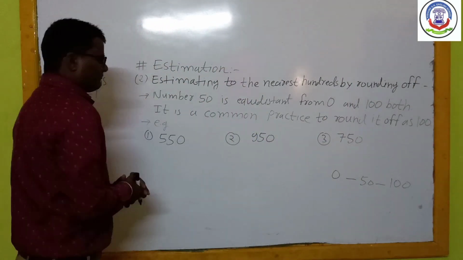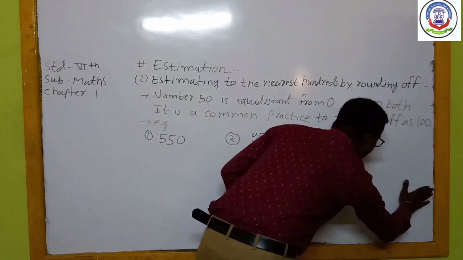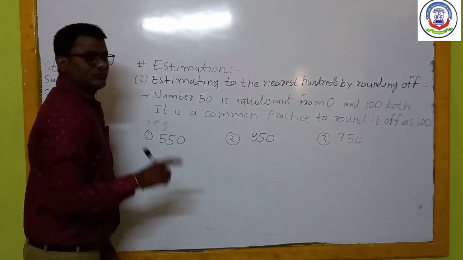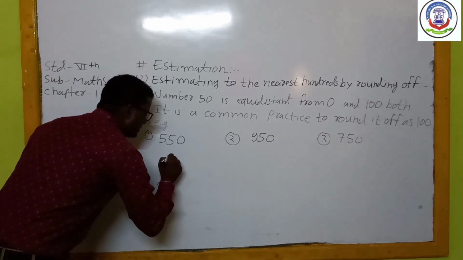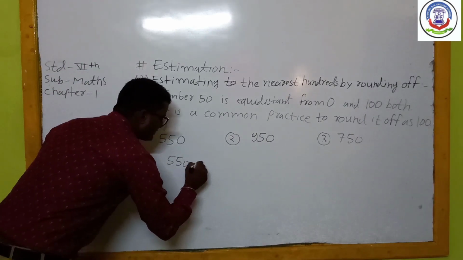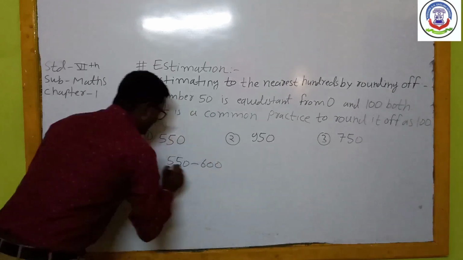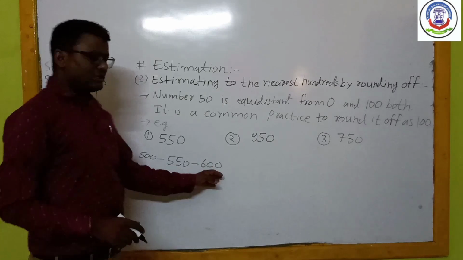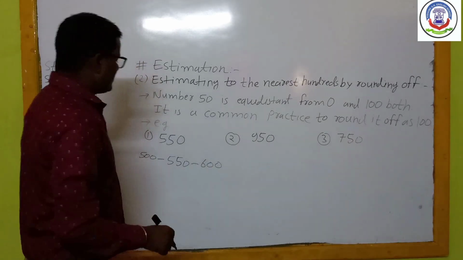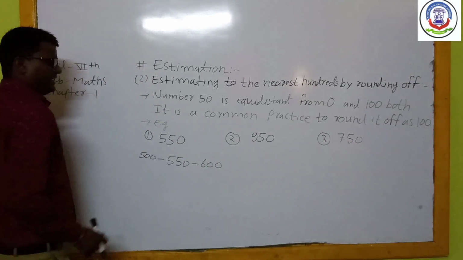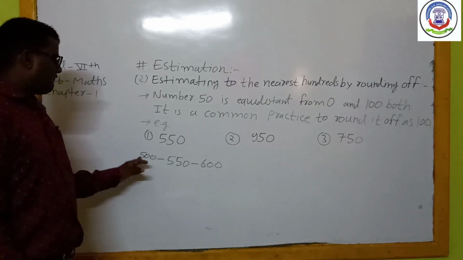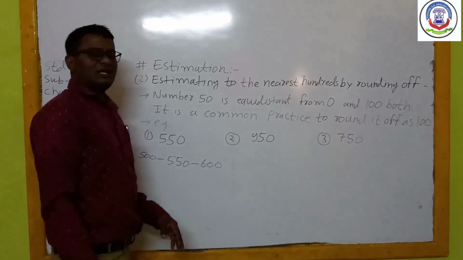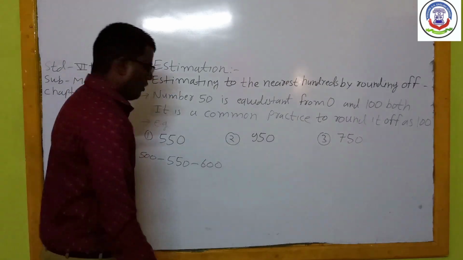For example, first 550. You know 550 lies between 500 and 600. Now 550 is equidistant from 500 and 600. Okay, so it will be rounded off as 600, means what?